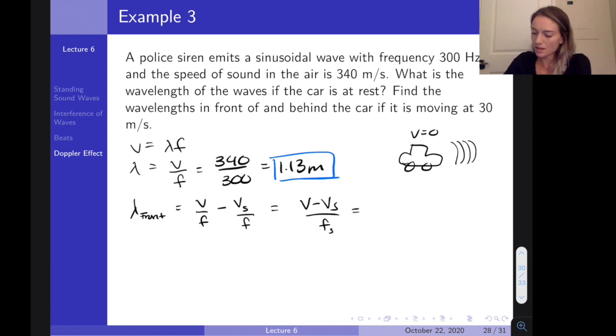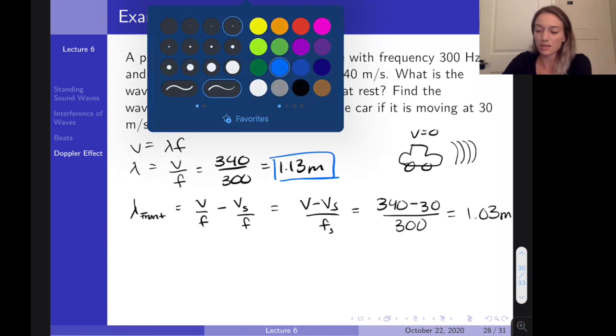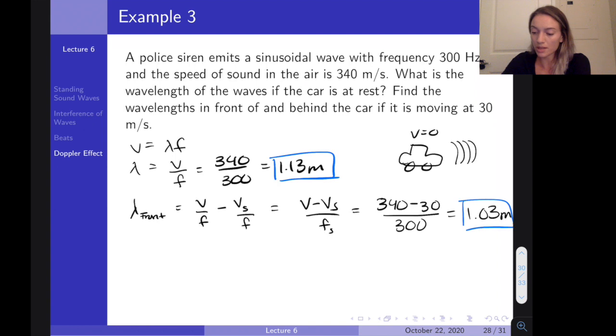So the velocity of the waves in air is 340 minus 30, the velocity of the source, divided by the frequency of the source, 300, and this gives us 1.03 meters. This is what we would expect because this wavelength is shorter than the wavelength when it's standing still.